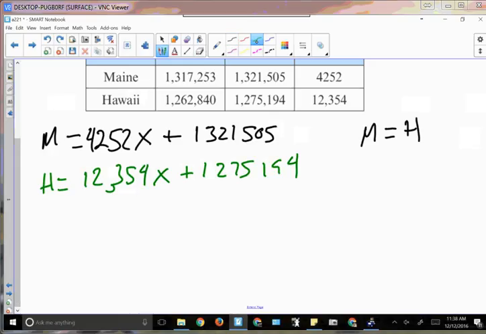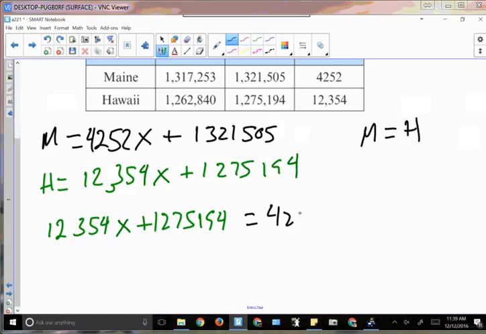Could I go and say that 12,354x plus 1,275,194, I want to know when that is going to be equal to 4,252x plus 132,505. Substitute one in for the other. So now we just go through and do the math.